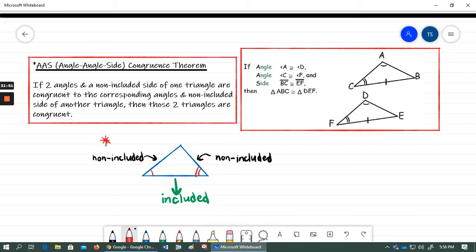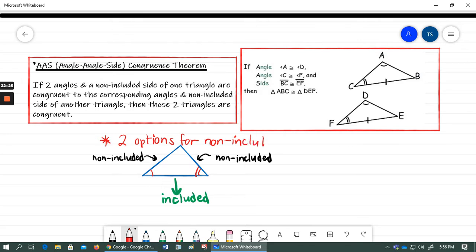Right? Okay, I'm glad y'all see that. Two options for non-included sides. There's only one included side between two adjacent angles, or between two adjacent vertices in a polygon.